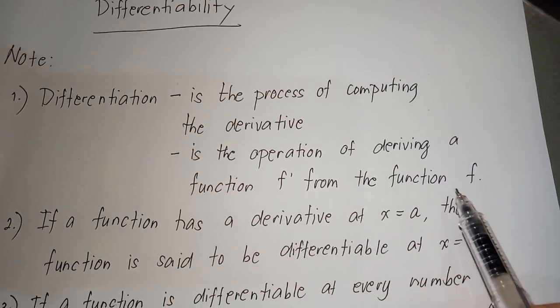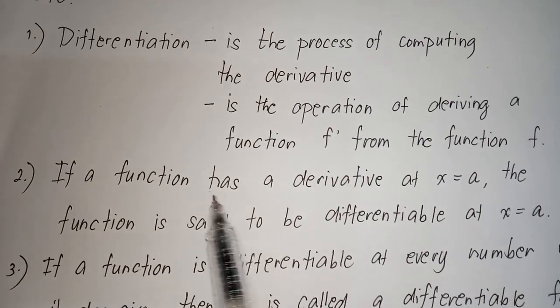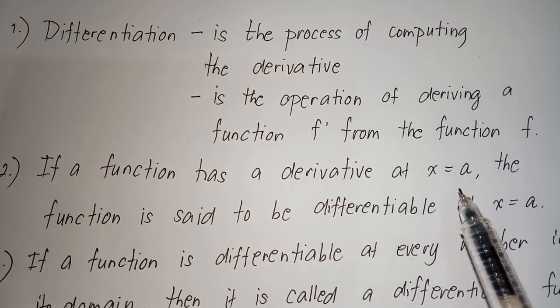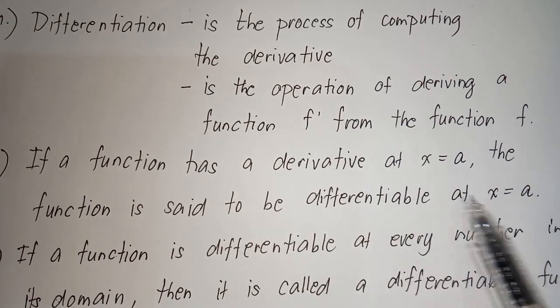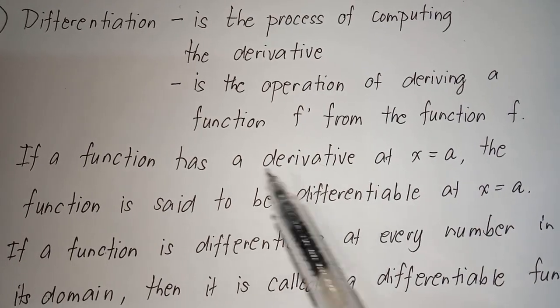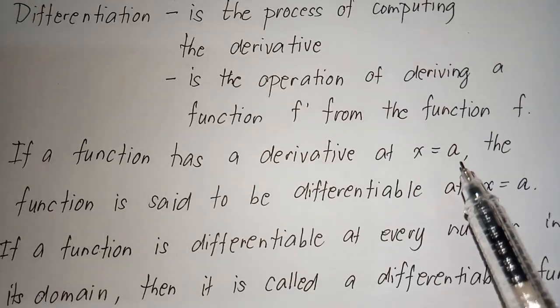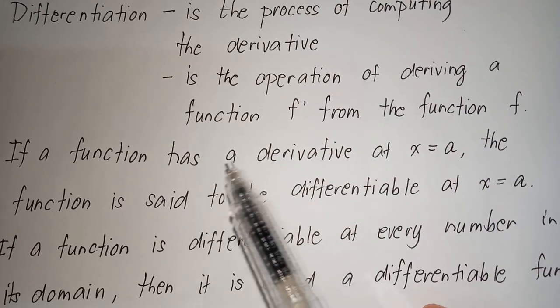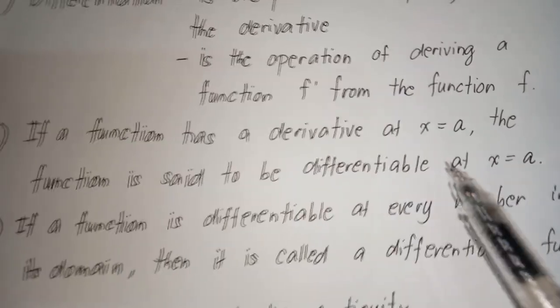from the function f. Number 2, if a function has a derivative at x is equal to a, the function is said to be differentiable at x is equal to a. Meaning to say, if the derivative of the given function exists at x is equal to a, then we can say that the function is differentiable at that value, x is equal to a.